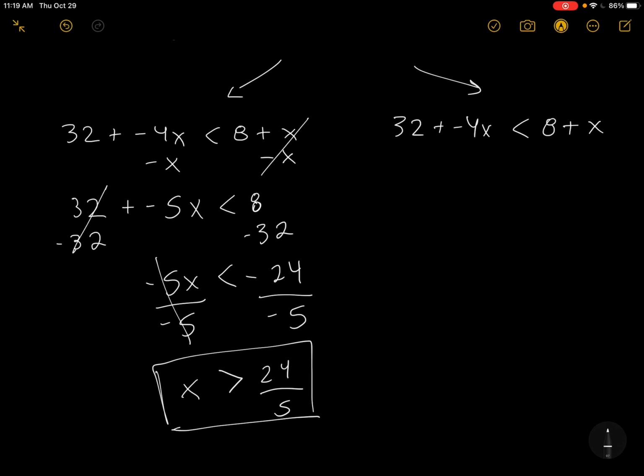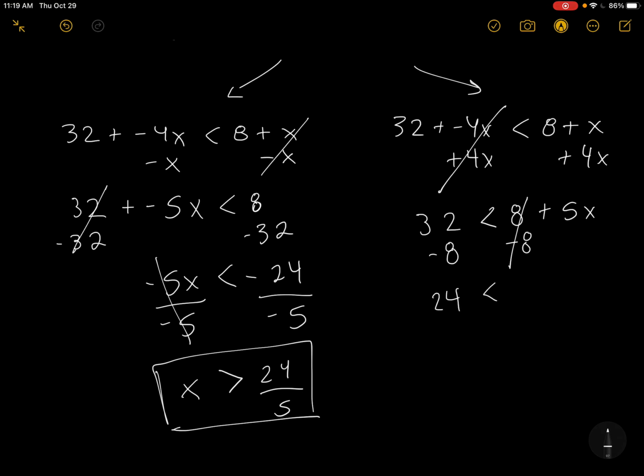Okay, now what happens if I want to, let's get rid of the x on this side. Move to the other side. Okay, that means I want to get rid of this 8 here. 32 minus 8, 24.